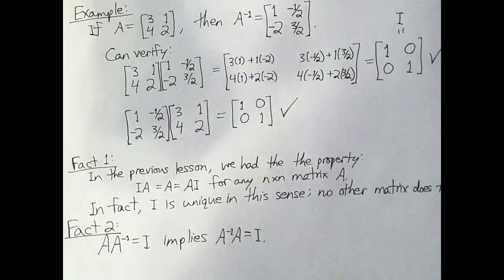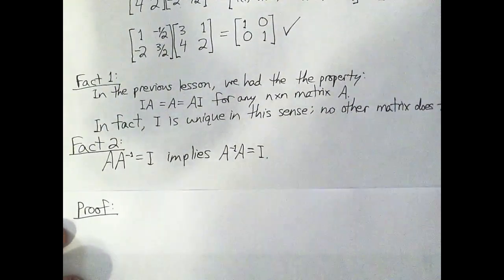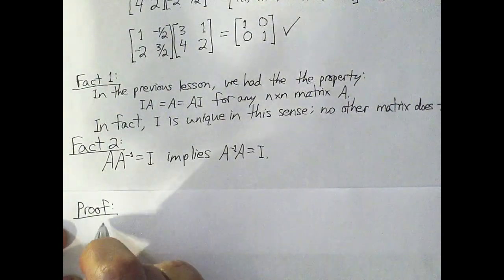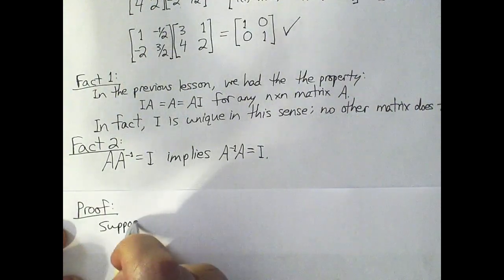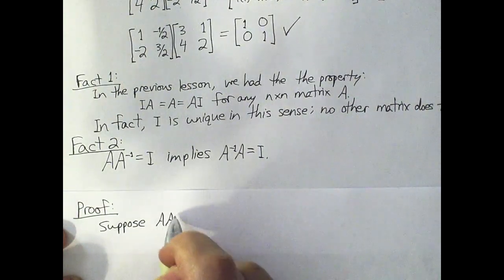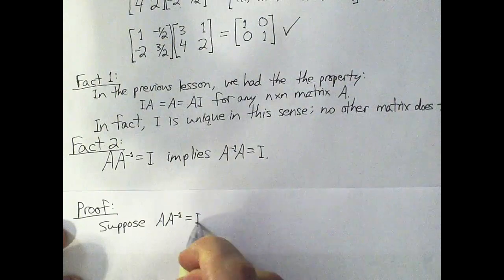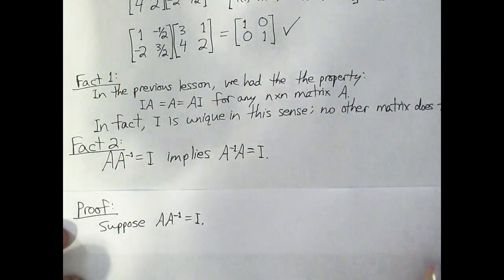And I'm going to prove this to you. Fact 2. I'm going to write a short proof of this. Proof of fact 2. First of all, let's suppose A times A inverse equals I. Okay.